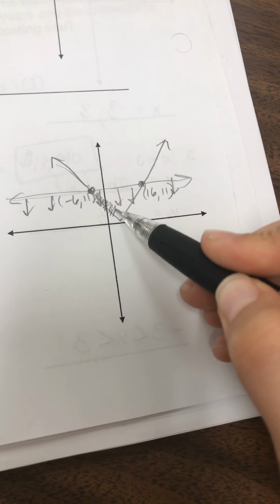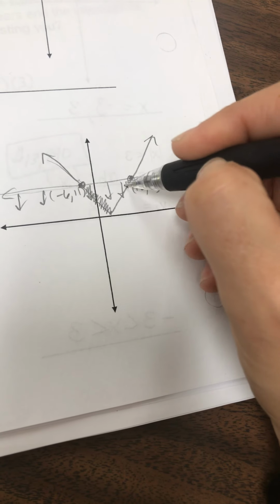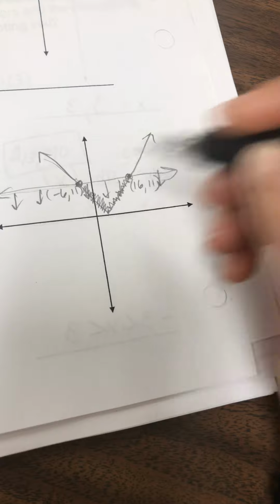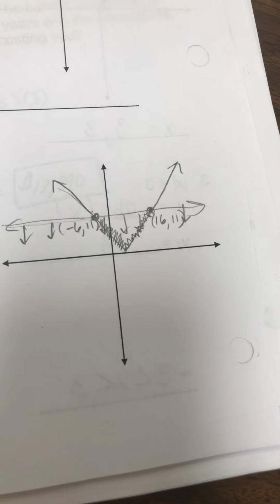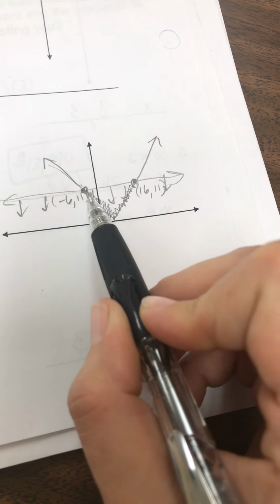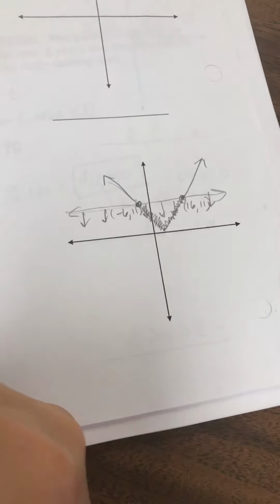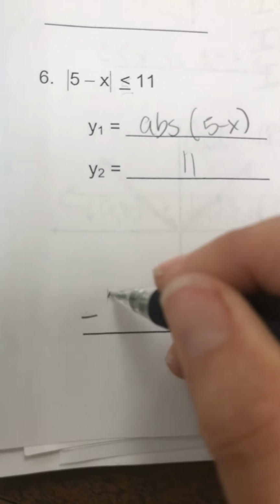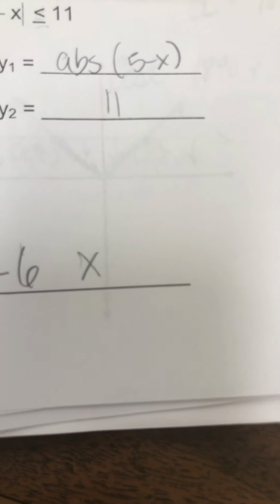Right here, right here. So now what is happening to x? At negative 6, so we're going to write negative 6, and then x, and then 16.